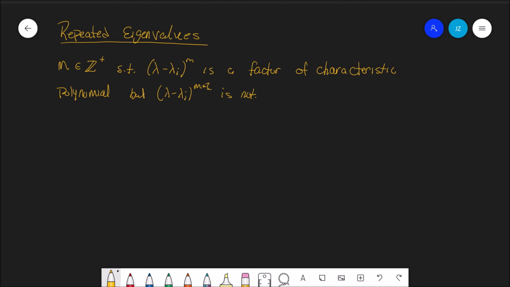We would say that lambda I is an eigenvalue of multiplicity m.